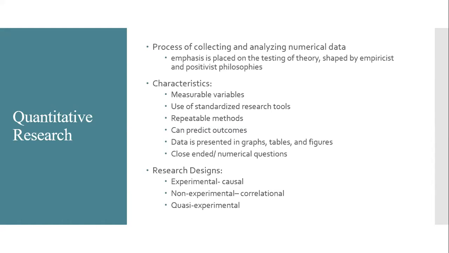Quantitative research is characterized by a few things. First, I think I mentioned it a little bit earlier, but you need measurable variables. What I mean by this is you want variables that you can measure quantitatively, with numbers. So levels of stress, you can measure someone's level of stress.